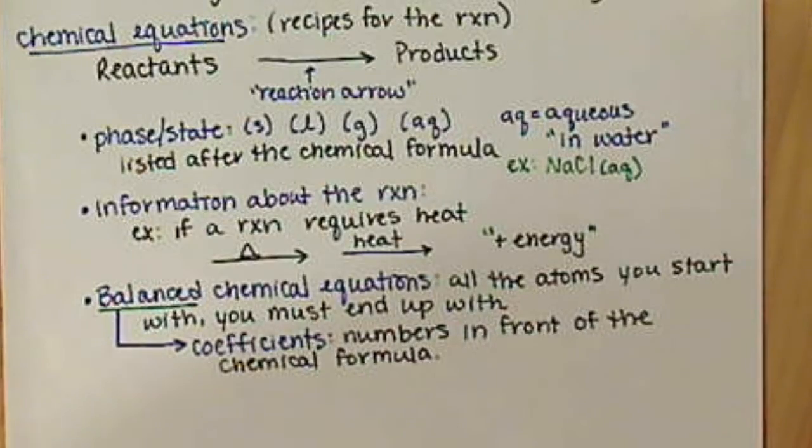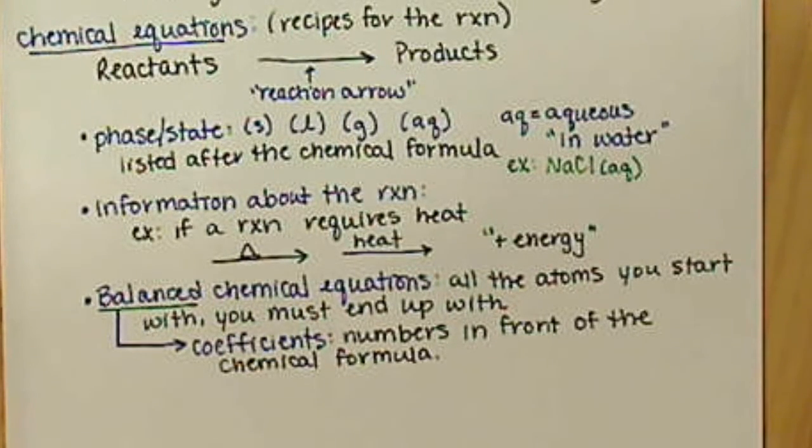So when we change the subscripts in our formulas, remember those are the numbers that go lower, those we can't change once we've established that that's the chemical that we've formed. If we change the subscripts, we're changing the chemical. Okay, so once we've established what chemical we're either starting with or ending with, we can't change those subscripts.